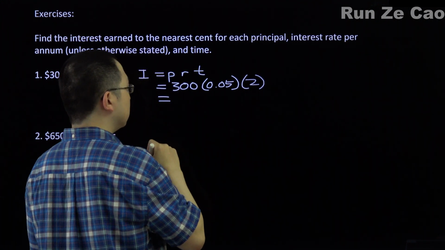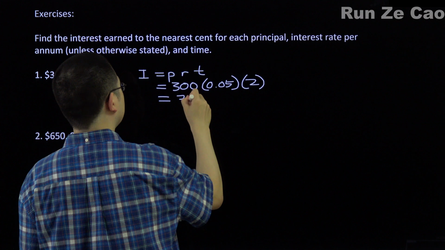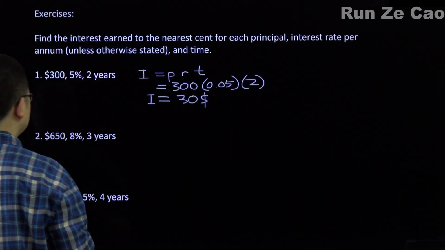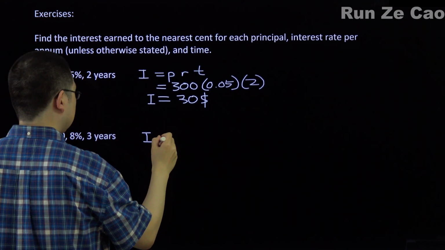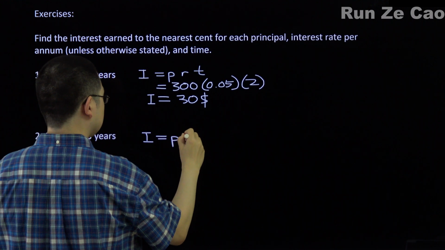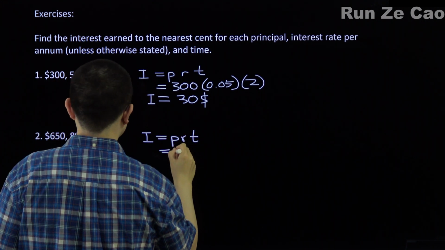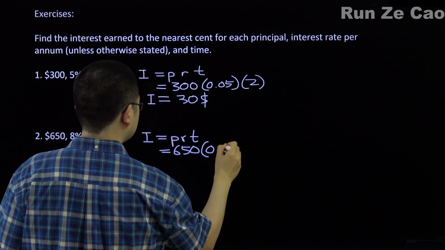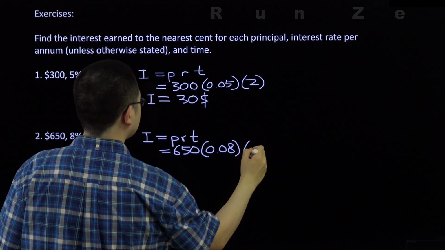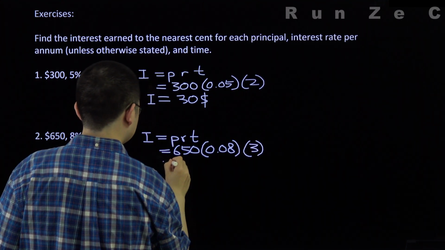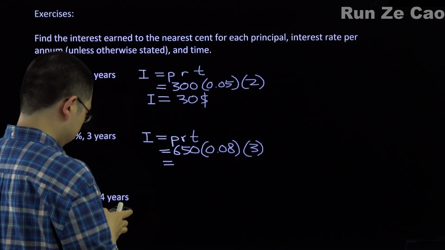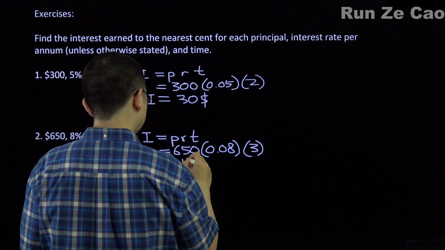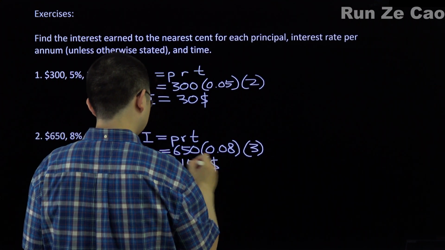Therefore, you're looking at 300 times 0.1, so $30 is the interest. $650 at 8% in 3 years. PRT, $650 times the rate, which is 0.08, times the number of time periods, 3 years. 650 times 0.24 is $156 of simple interest.